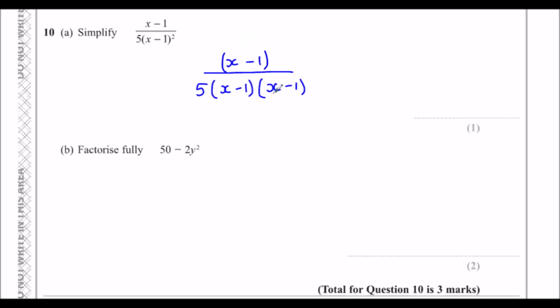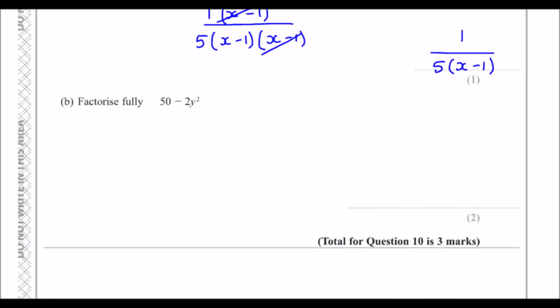So we can cancel x minus 1 from the top and the bottom. So what will be left on the top? Well, it's 1. So we've got 1 times x minus 1 on top. And if we cancel the x minus 1, we've just got 1 left. So we've got 1 over 5 times x minus 1.